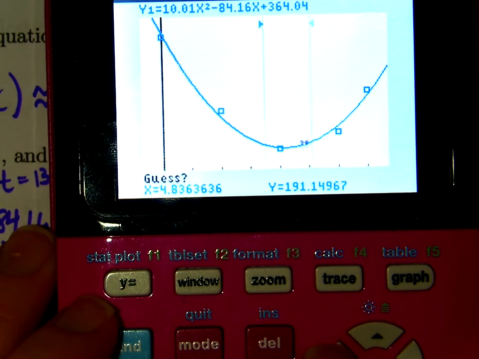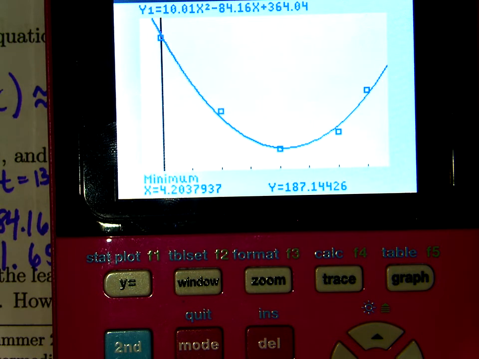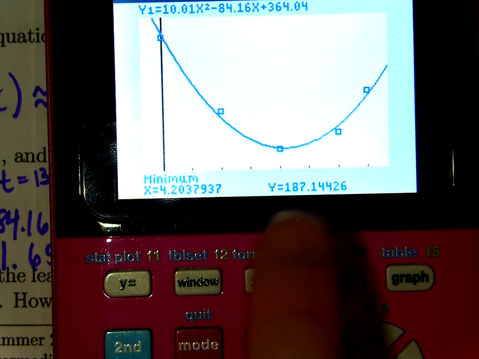My guess is somewhere in between. And here's what it says. Minimum happens at 4.2 for the x value, which in our case is the t value or the time. And that happens at about 187.144, and that's in thousands, right?